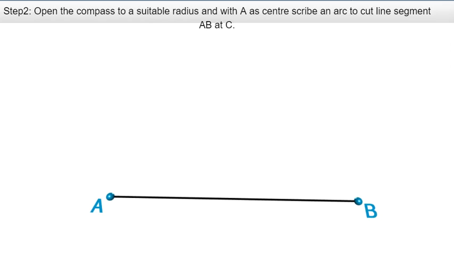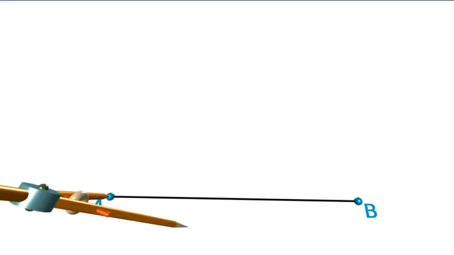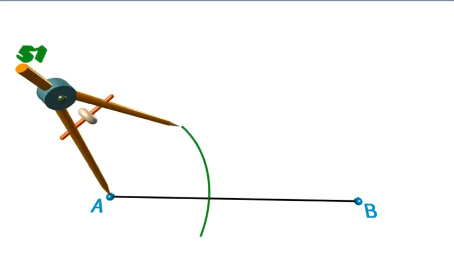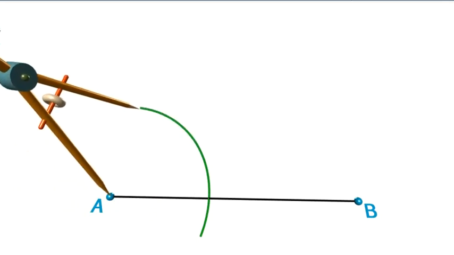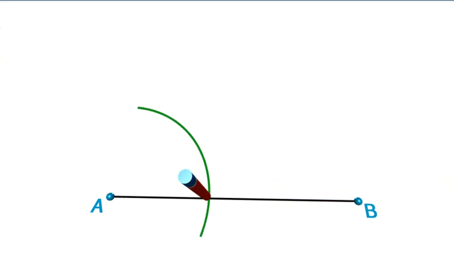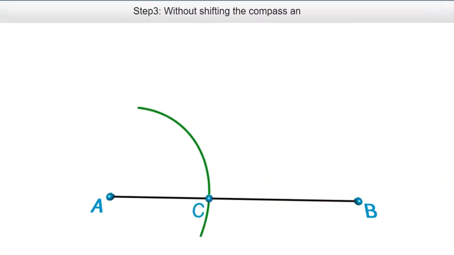So with A as center, I scribe my arc, and I have to ensure that the arc comes around and cuts the line AB at C. So now C is at 0 degrees.